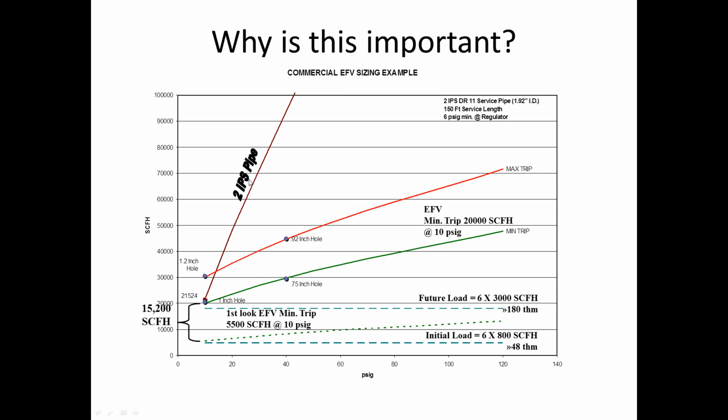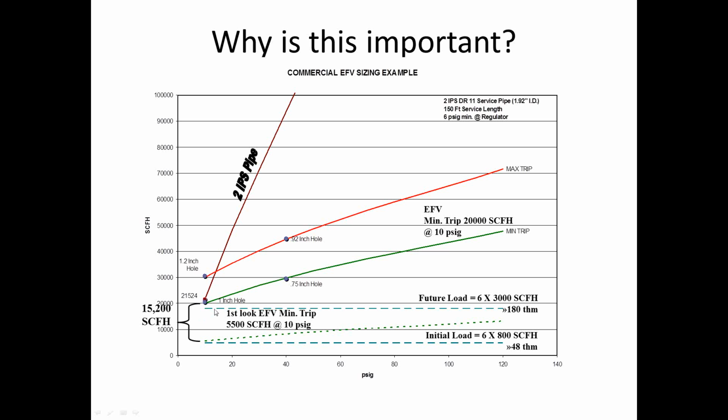And so initially we may be okay, but if you want to look at the capacity of the service, part of the discussion in the industry has been, well, just size your excess flow valve to the capacity of the pipe, and that can become a little bit interesting as the capacity of the pipe at those pressures and size can be quite large. As you can see here, 21,524 or in that range.